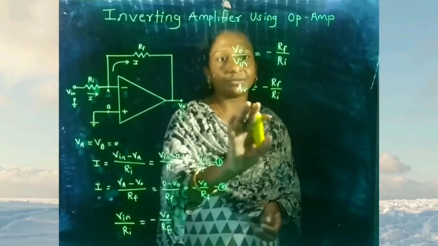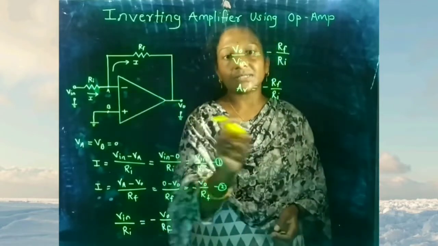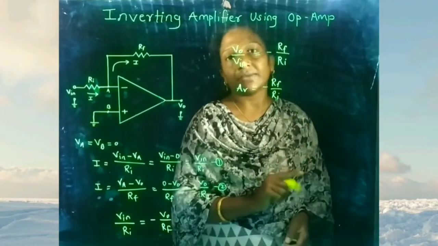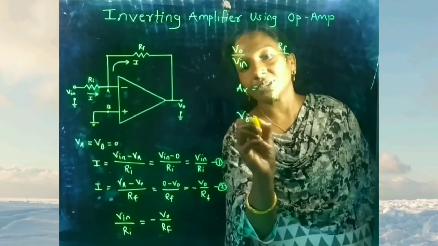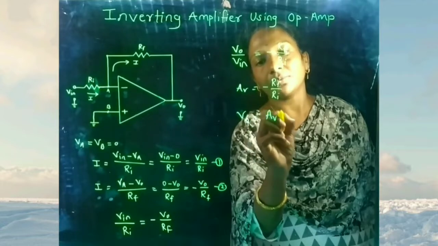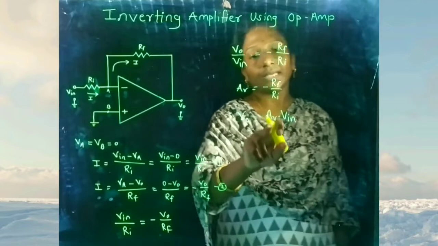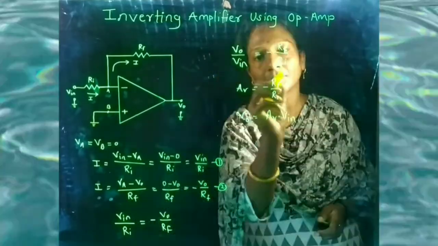From this equation, we say that this circuit works as an inverting amplifier having gain Rf upon Ri. Therefore, output voltage V0 is equal to AV into Vin, where AV is the voltage gain and Vin is the input voltage.